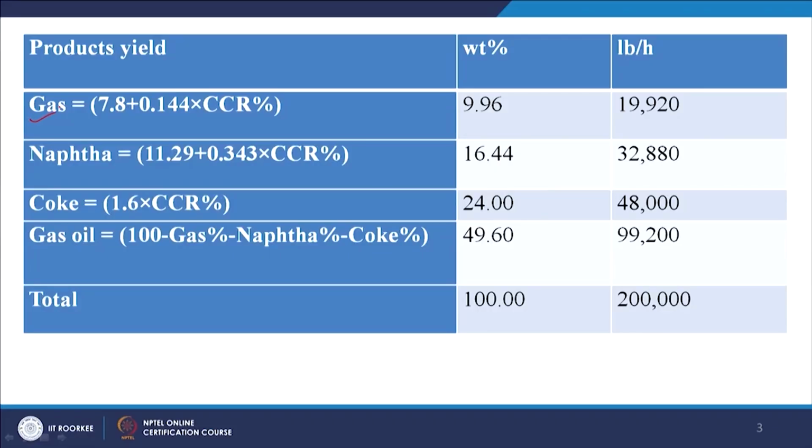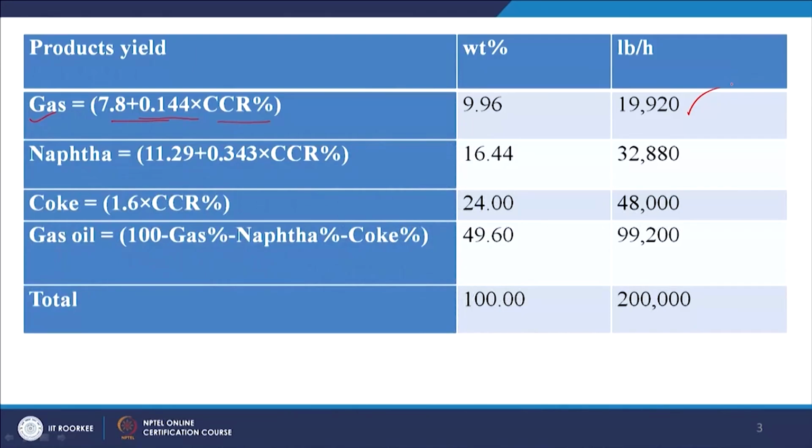So, here we had this expression: gas equals 7.8 plus 0.144 into CCR, the weight percentage of CCR. By using this formula we can get the gas weight percent, how much gas will be produced, and accordingly we can get the production rate also, how many pound per hour.